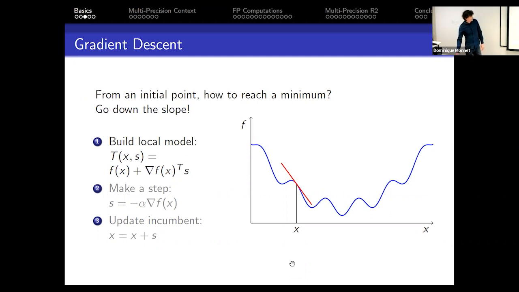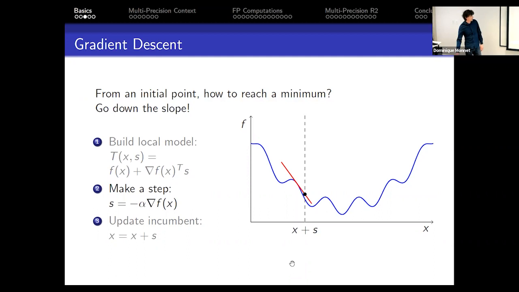So if I want to go down the slope, I'm going to make a step on the right-hand side. Basically, I'm going to go in the opposite direction of the gradient. Here at x, my gradient is negative, so if I want to go on the right-hand side, I have to go in the opposite direction of the gradient. And I'm going to multiply that by alpha, which is a step size parameter that enables me to choose if the step is big or small.